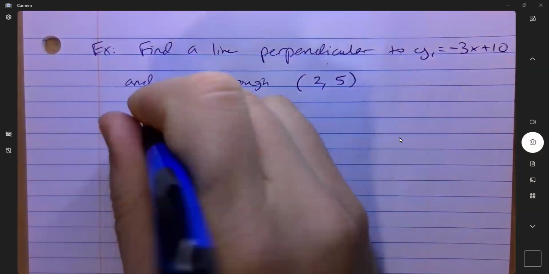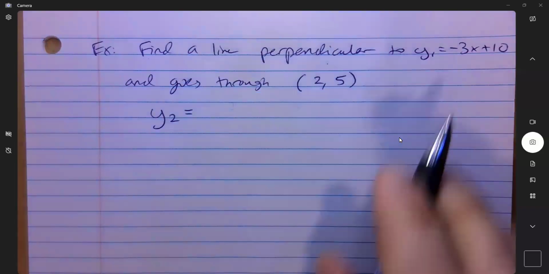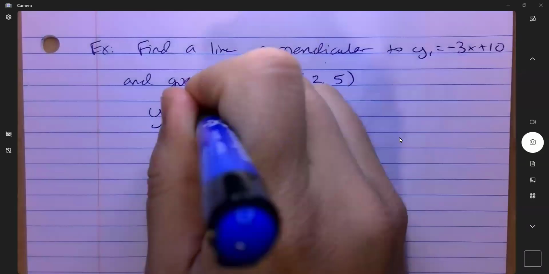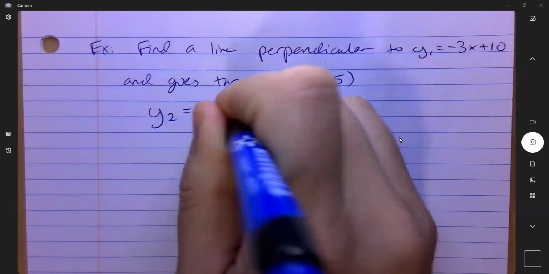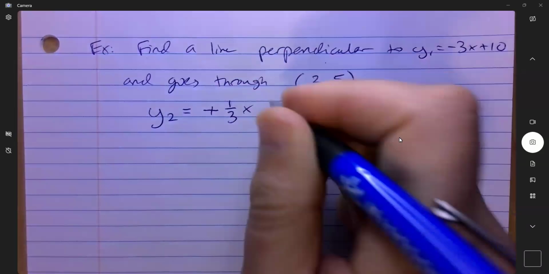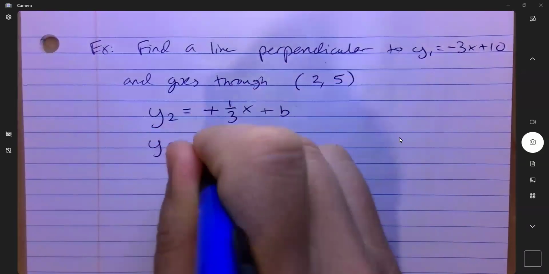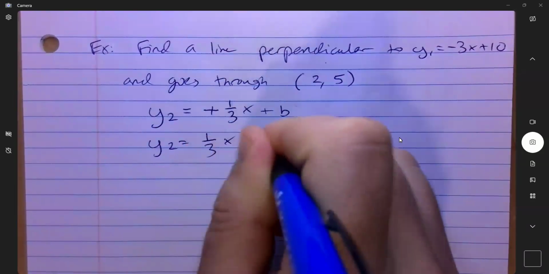So again, I can start by writing down what I do know. I can find the slope. It should be the opposite of negative, so it should be a positive, and the reciprocal is 1/3. So 1/3 x plus b.